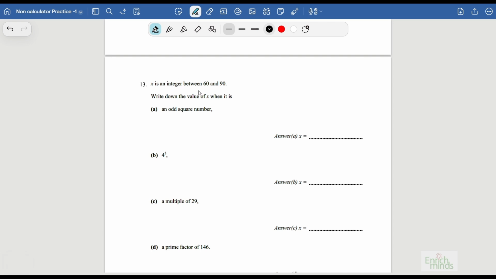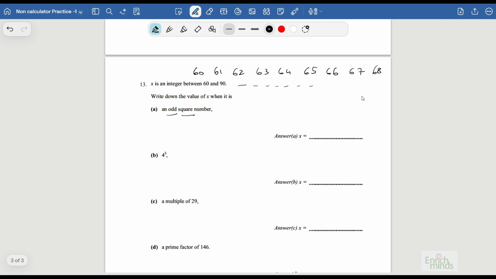x is an integer between 60 and 90. Write down the value of x when it is an odd square number. So I can list all the numbers from 60 to 90 and pick the number which is odd and a square number. So 60, 61, 62, 63, 64, 65, 66, 67, 68, and there are many more.